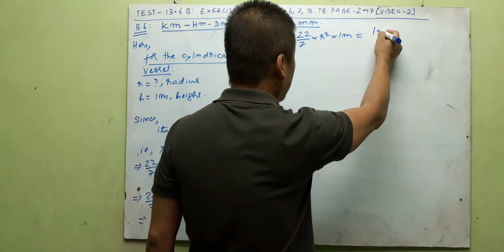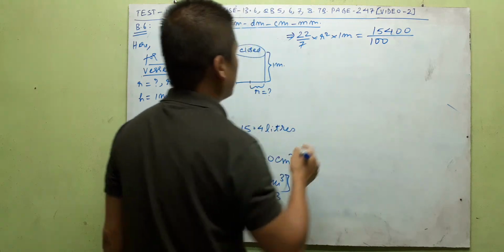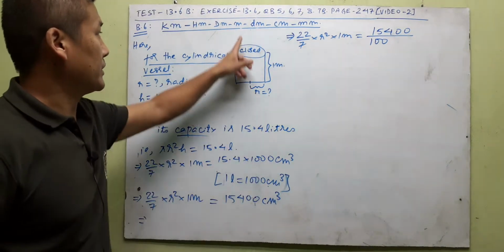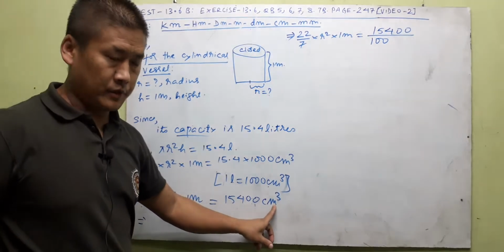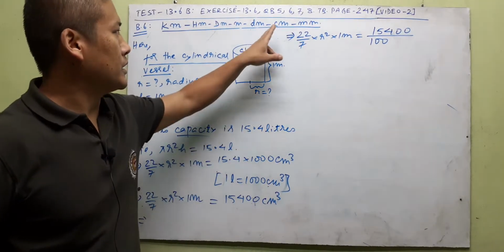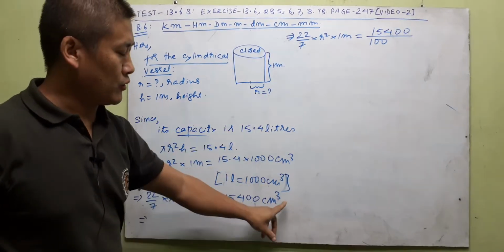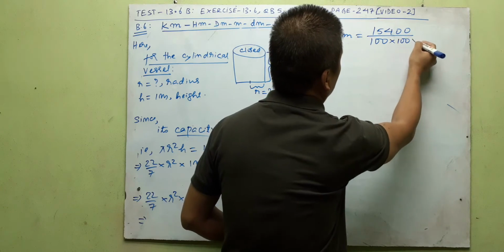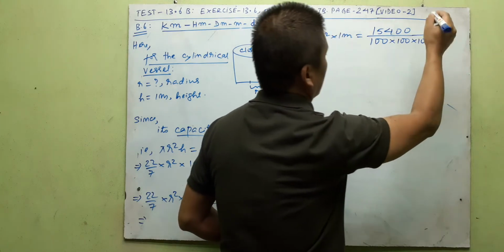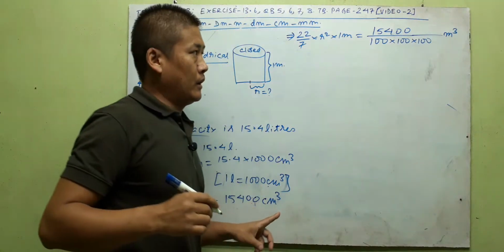So 15400 is divided by 100 because you're changing centimeter to meter. But if you check properly, it is actually centimeter cube to meter cube. So if you change centimeter to meter, it is divided by 100, but cube means 3 times, so we have to put 100 three times. Then only centimeter cube will become meter cube. I hope you're getting it.